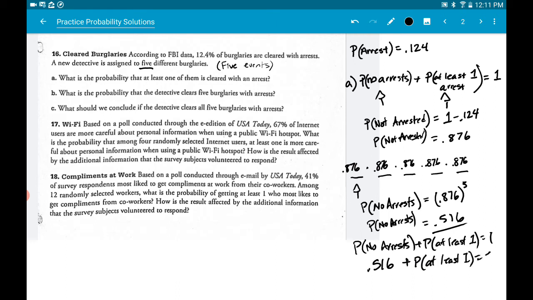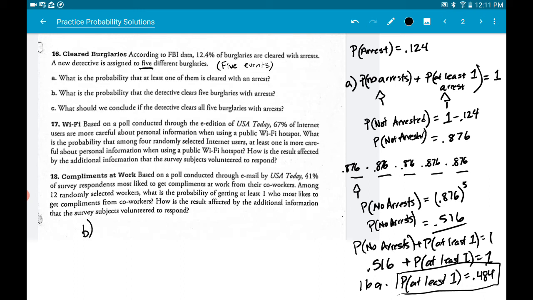And if I treat this like a math problem and I subtract 0.516 from both sides, 1 minus 0.516, I get 0.484. And that is the answer to number 16A. Tricky, tricky stuff.